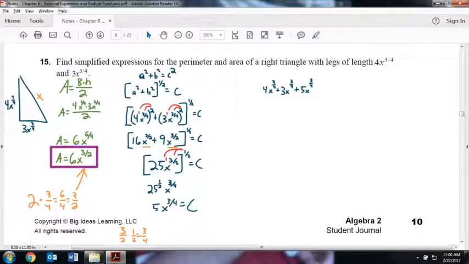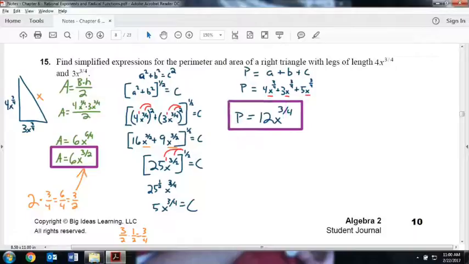Since we all have the same x value, same exponent, those are all like terms. 4 plus 3 is 7, plus 5 is 12. Perimeter equals a plus b plus c. The perimeter equals 12x to the 3/4. That is your perimeter. A little more involved, but not too bad.